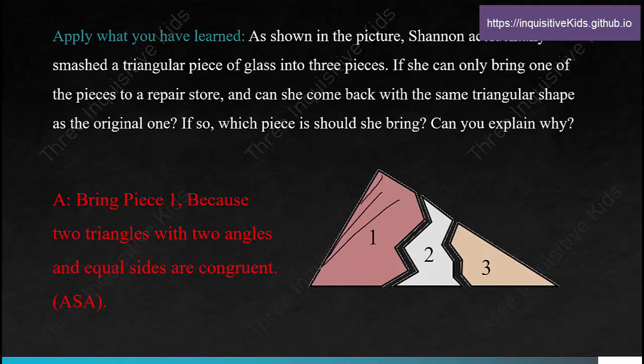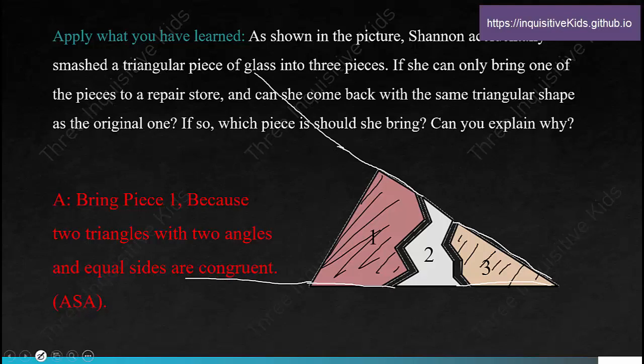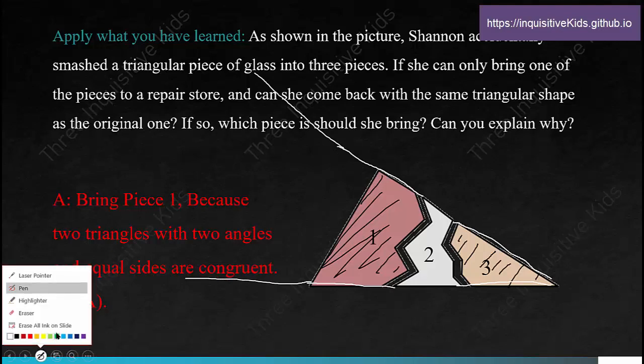Pretend there isn't any 1 and there isn't any 3, because remember, she can only bring one of these to the store. So there's 2, right? Then, when we try to make a triangular piece out of it, sure, on the right side over here, we know to connect at a point, but we don't know how far to extend over here. It could go on forever. So that's why 2 does not work.